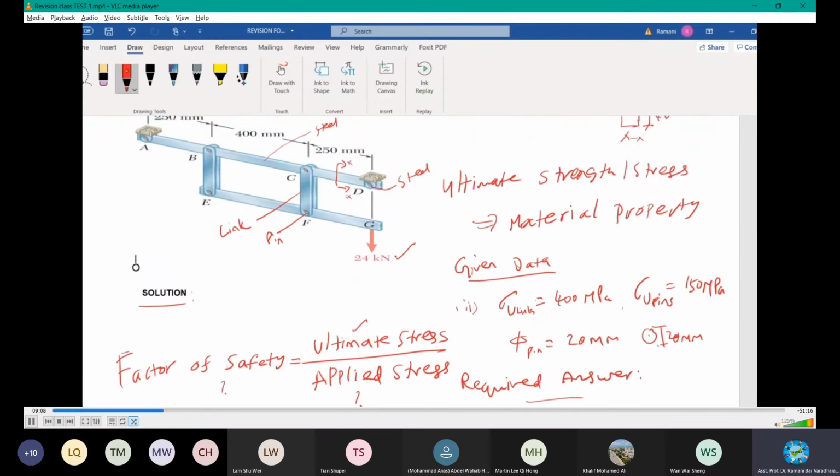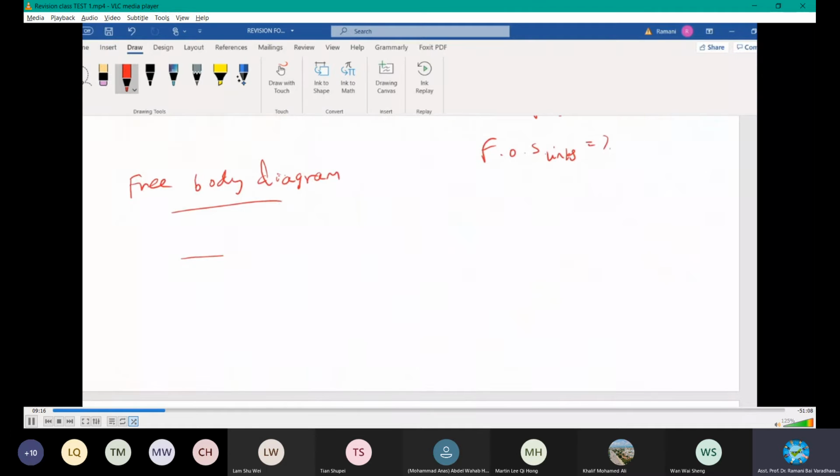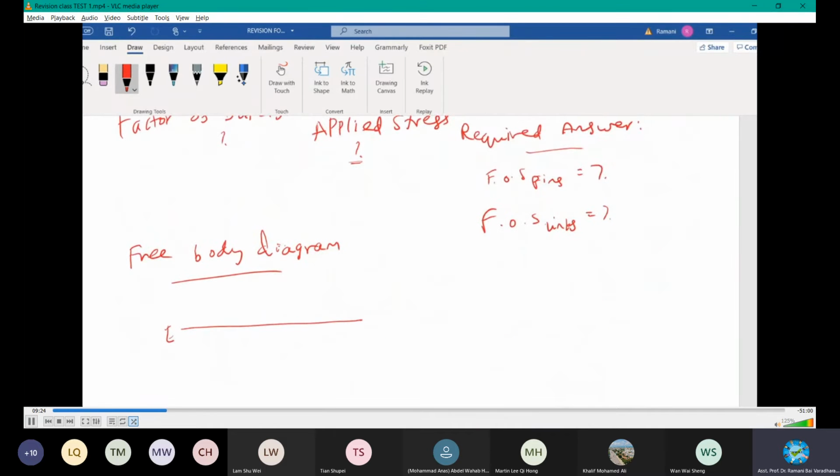You can take this member because you are finding for the load applied here, and for this link, you can translate C to F. When you do that, it will be like this: member E, F, and then G. Keep the same name: E, F at 0.4, G at 0.25.